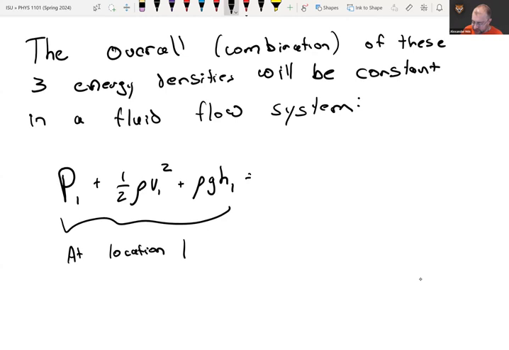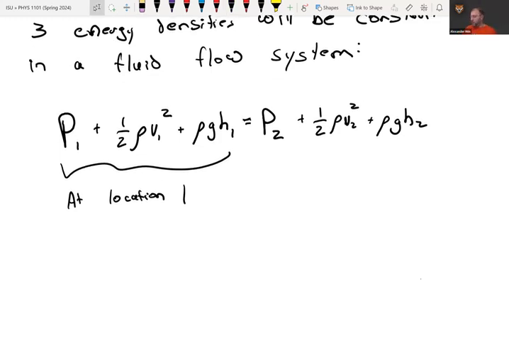And basically, that's just going to have to be equal to the sum of things at location 2. So that's going to be equal to P2 plus 1/2 rho V2 squared plus rho g h2. This is at location 2.